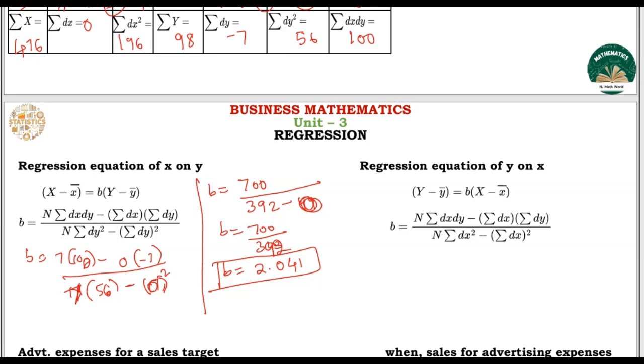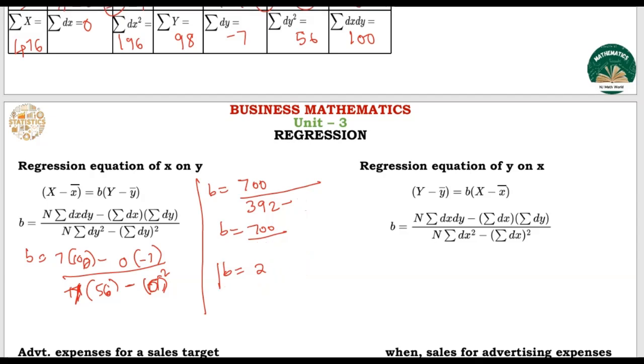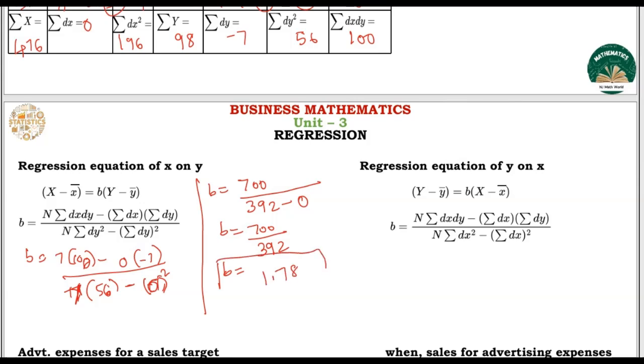So it will be 700 divided by 392, and d square is 0. If you divide this, we get 1.78. So this is the b value.